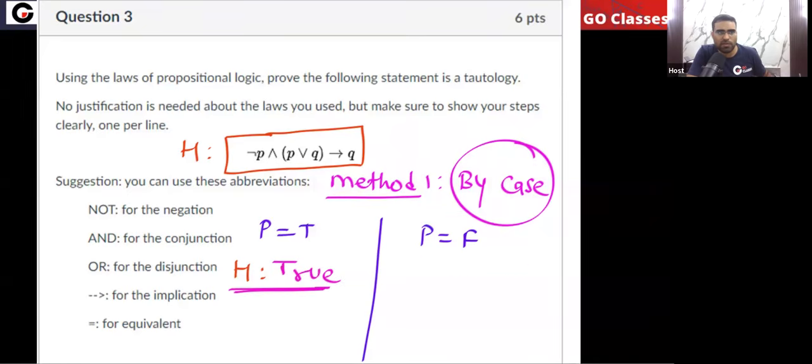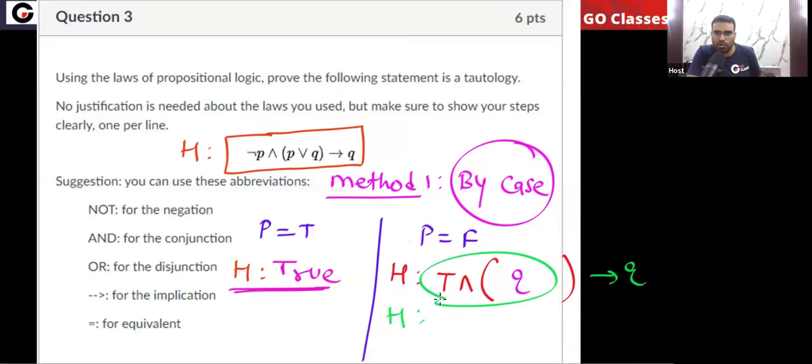Now, when p is false, what will be h? Put p equal to false. Then p bar becomes true. Inside, false or q becomes q, so we have q implies q. So h is true and q, which is q.